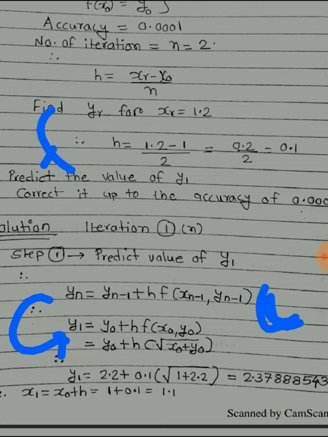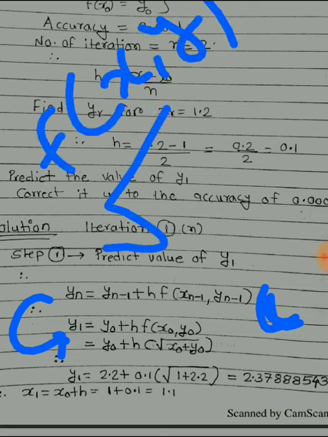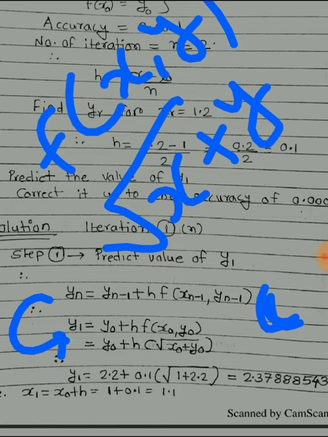Now what is f of x y? F of x, y in this equation is square root of x plus y, right? So if I want f of x0 y0, I need to make this x0 y0. Hope you have understood what changes I have made.